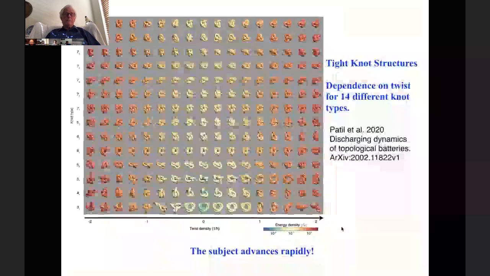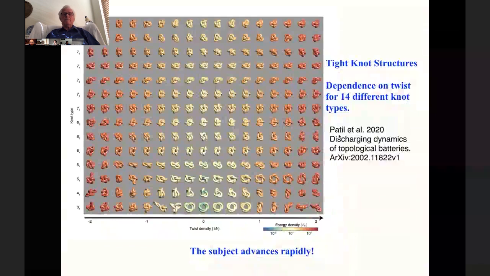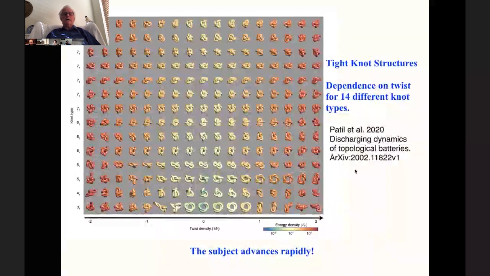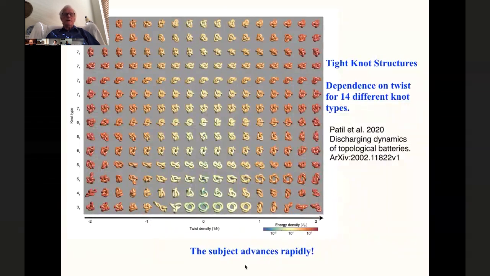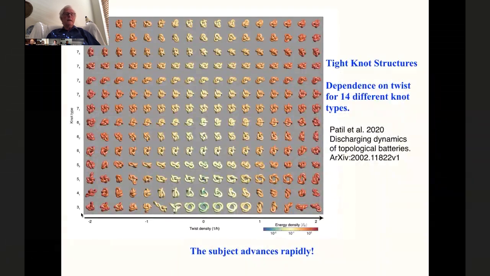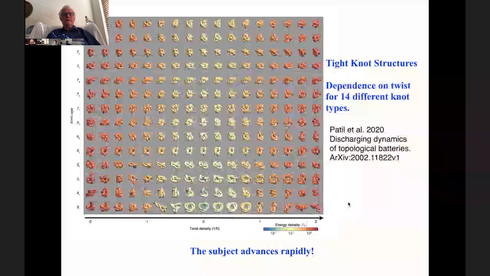This is a paper by Patil et al., very recently put on the archive just about 2 weeks ago. So I just comment that the subject is advancing rapidly. 14 different knots are shown here, and the minimum energy states computed for different values of the helicity.